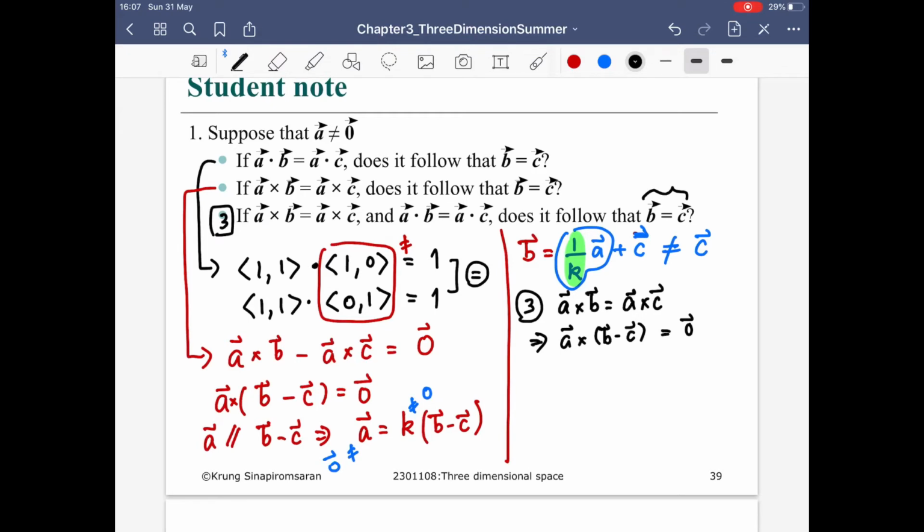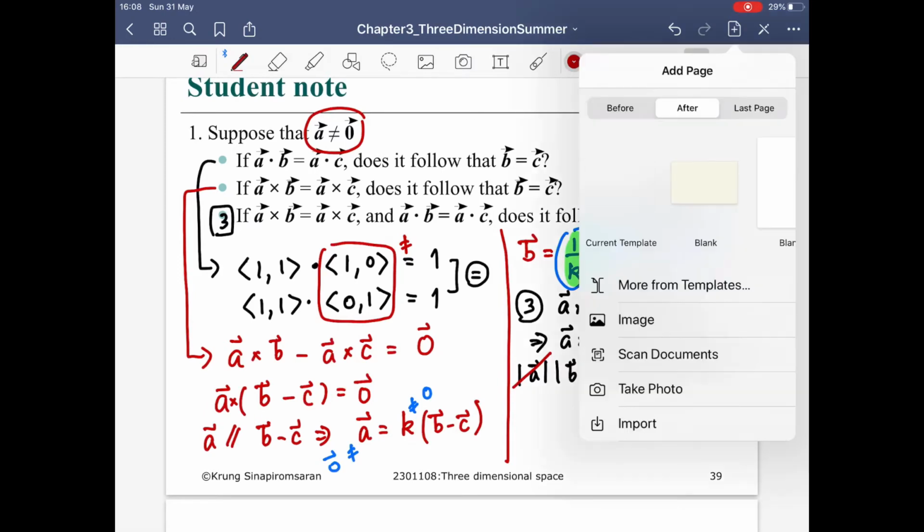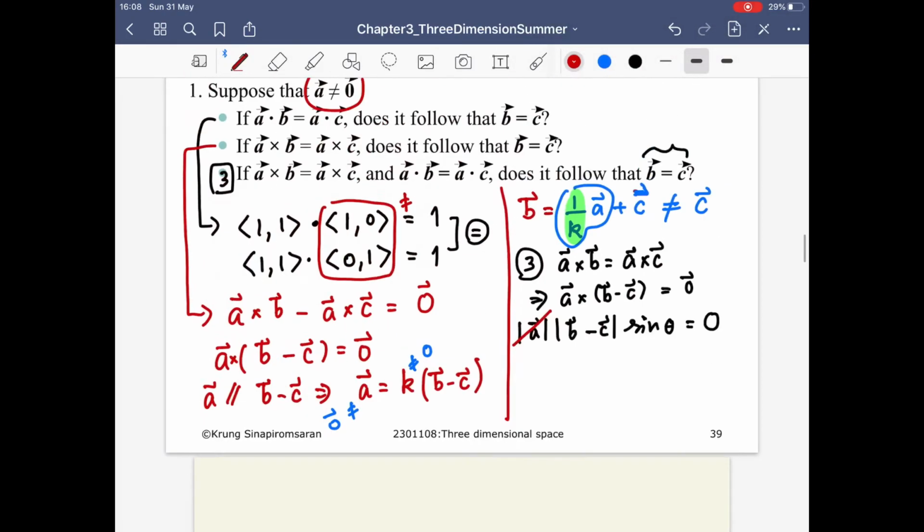Let us continue by using the length of A, the length of B minus C, and sine theta equals 0. However, because A is not a zero vector, the length of A is not 0, so the length of A can be cancelled.